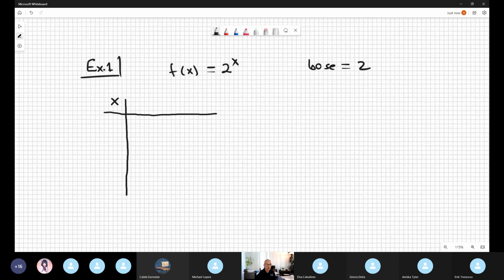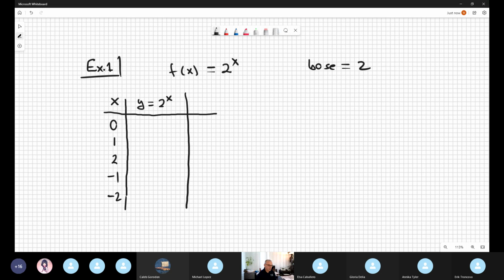This is the x value. Entonces I put all real numbers 0, 1, 2, -1, -2. It's enough. 1, 2, 3, 4, and 5 values. And here is y equal 2 to the x.